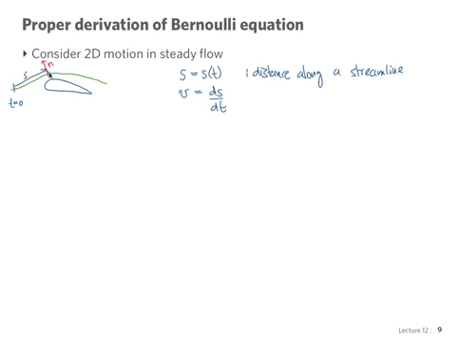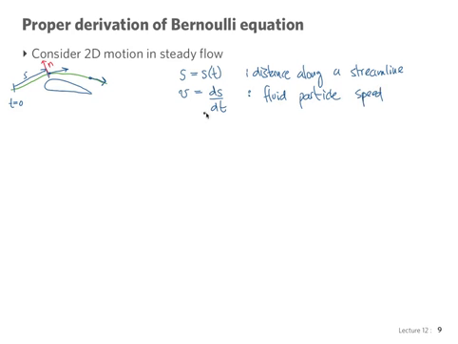Remember that the velocity is always tangential to the streamlines, and so the velocity really has only one component in this coordinate system, only the streamline direction, by definition. So V is equal to ds/dt, the fluid particle speed. Any fluid particle has a speed which is ds/dt.